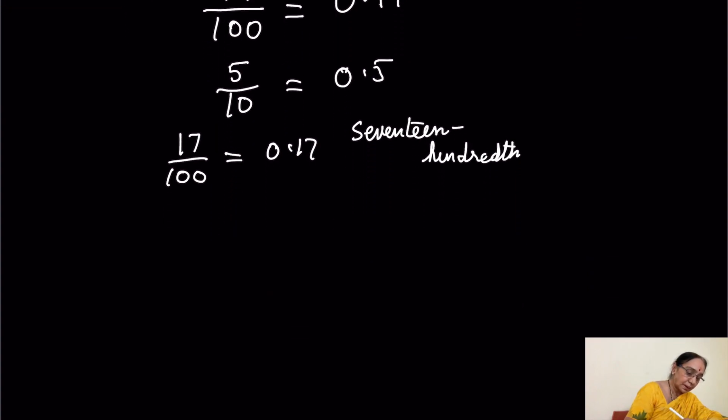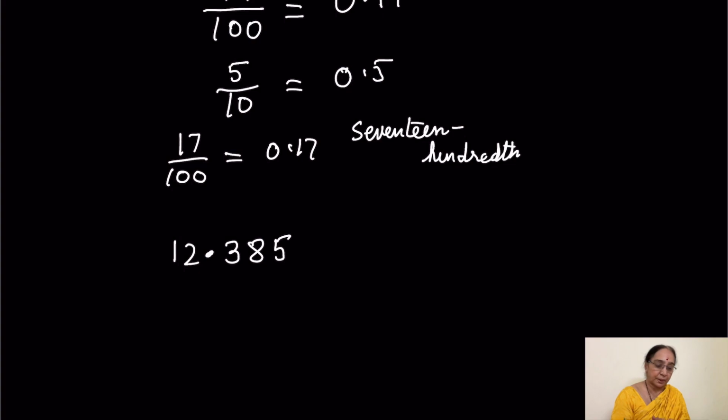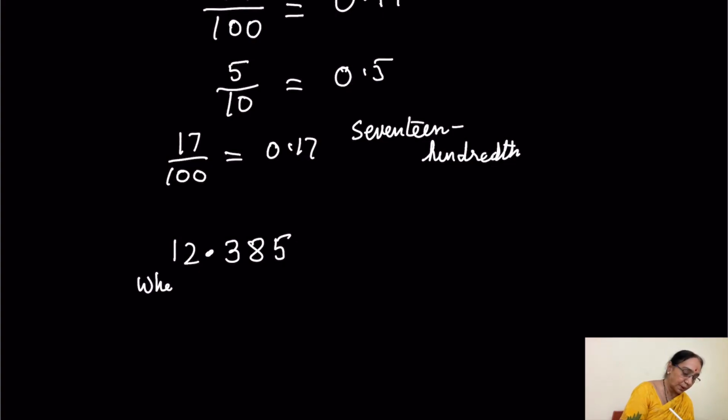Now let us take a decimal number, say 12.385. The decimal point separates the whole number and the fractional part. So 12 is the whole number and 385 is the fractional part.